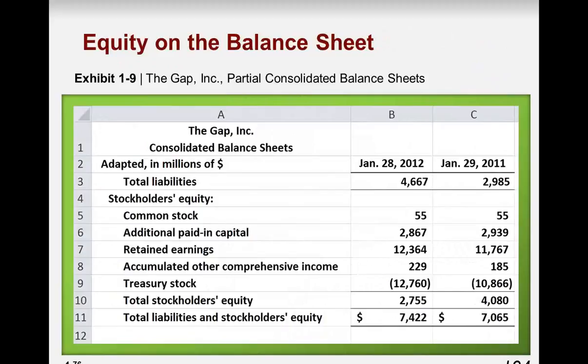But if I say unearned revenue, you might think that's income. No, it's not. Unearned revenue means I've already collected the cash, but I have a liability because I owe somebody the work or I owe somebody the product. So it's unearned until I have delivered the product or completed the work.